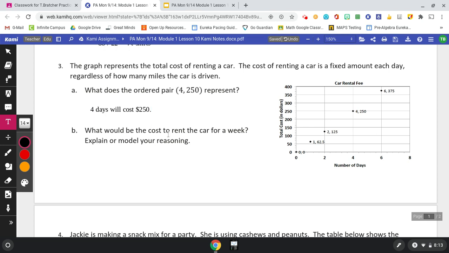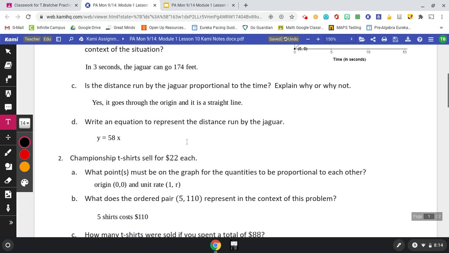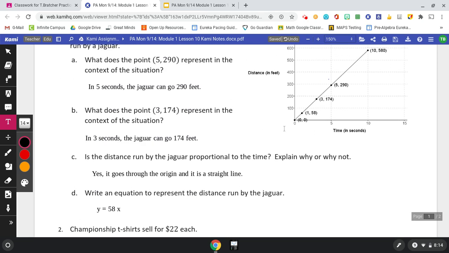It says, what would be the cost to rent the car for a week? So a week is 7 days, full 7 days. Again, when we looked at our Jaguar example up here, we know that where the x value is 1 is our unit rate. So that means 58 feet in 1 second.